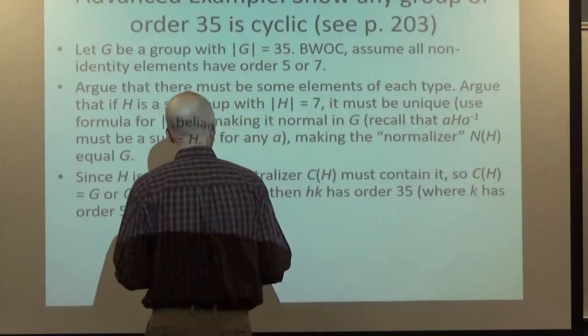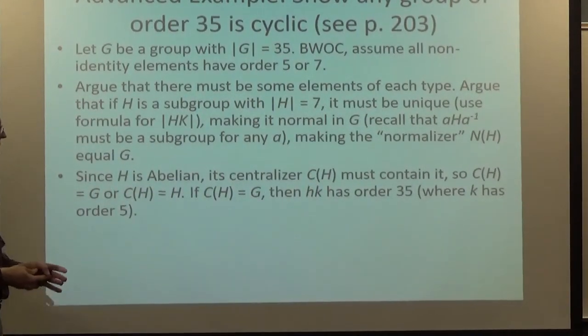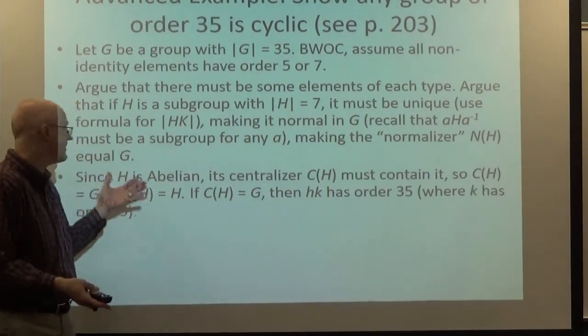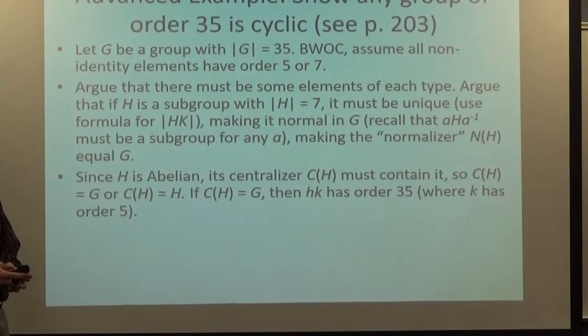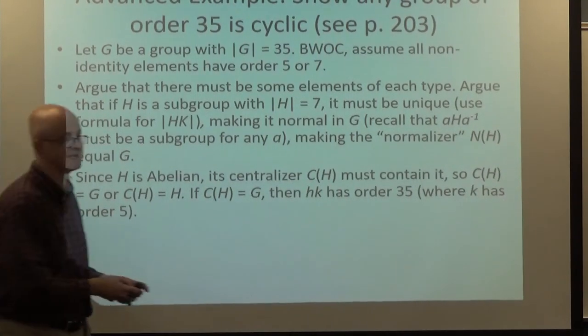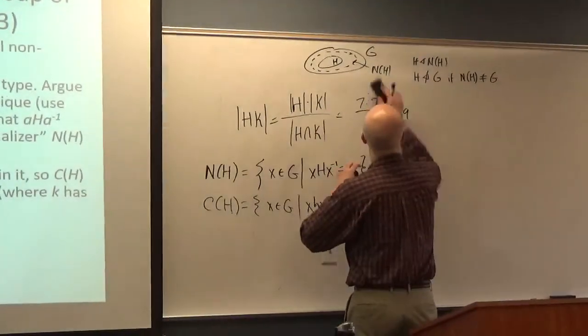H is abelian, so everything in H commutes with everything in H. So the centralizer, everything in G that commutes with everything in H, must be bigger than H. It must contain it. It's a similar kind of picture, except change the capital N to a capital C.